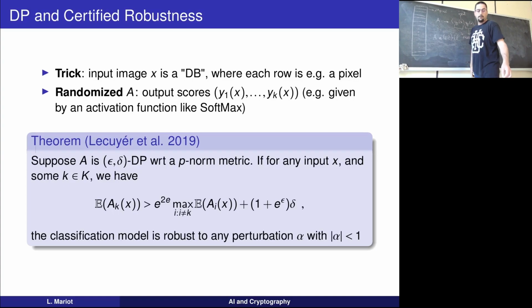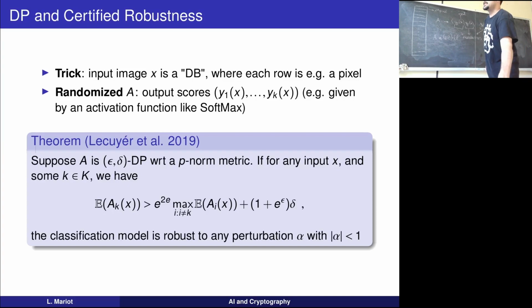Then if we have this particular randomized algorithm that is differentially private, we can say that if we have this particular property, which we are going to unpack in more detail, then the classification model will be robust to any perturbation, to any adversarial example where the norm of this example is smaller than 1, so it is inside a ball of radius 1.